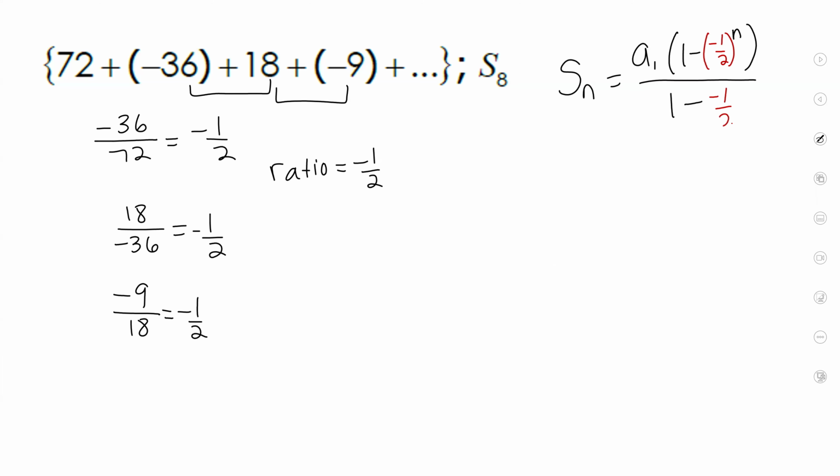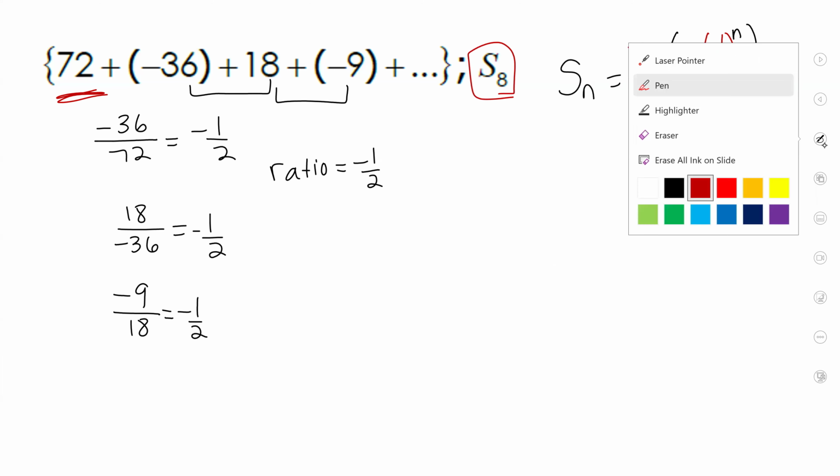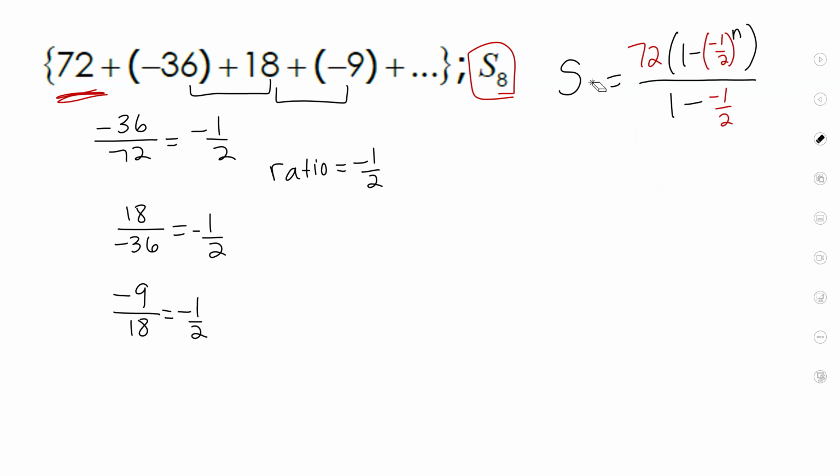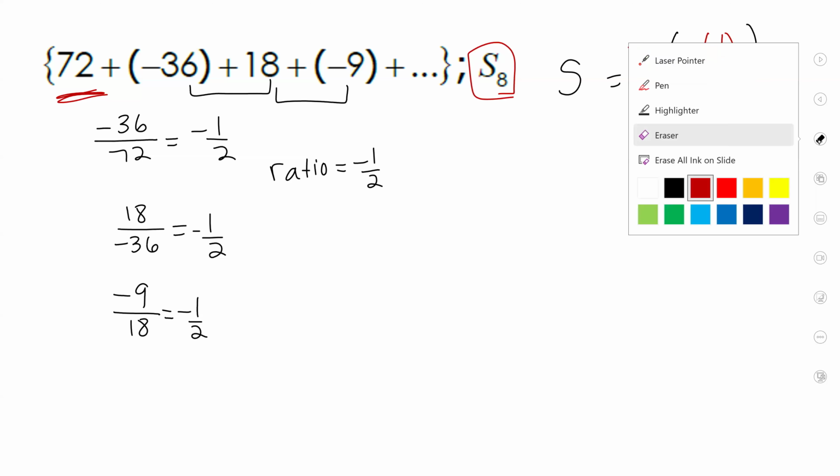Do we know a1? 72. This is the very first term, so I can replace a1 with 72. And guys, what term am I going up to? 8, right here. We want the sum of the first 8 terms, so the number of terms is 8. I'm going to replace these n's with an 8.